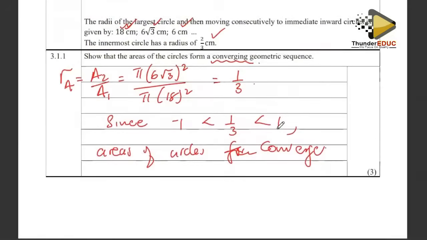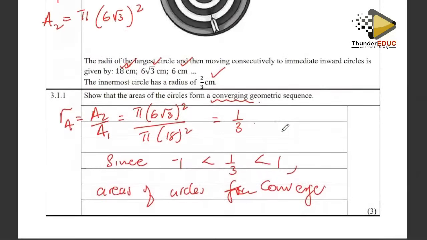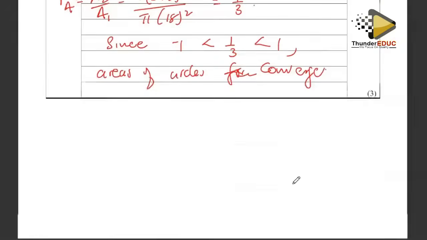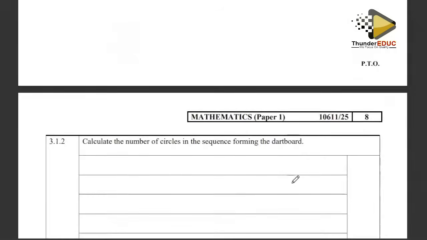Then I know the temptation would have happened for somebody to just divide these two to get the common ratio for the radii. That is tricky. Remember the question focused on the areas. Then calculate the number of circles in the sequence that will be forming the dartboard.